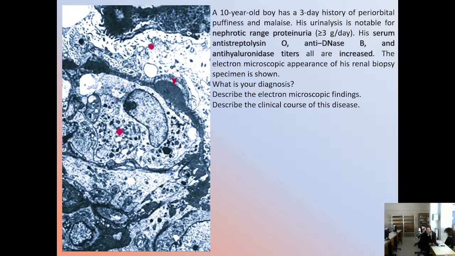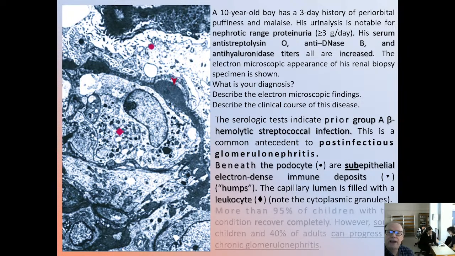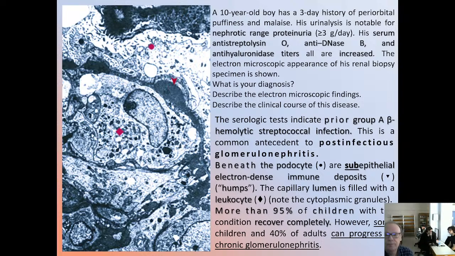What is close to the lumen and under the endothelial cell lining the intima of the capillary is subendothelial. Okay? And of course, we have the clinical correlation with the nephritic syndrome. So those were the humps of post-infectious glomerulonephritis. These are IgG deposits? IgG, yes, IgG.